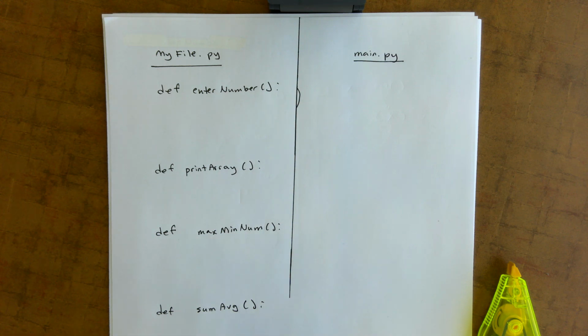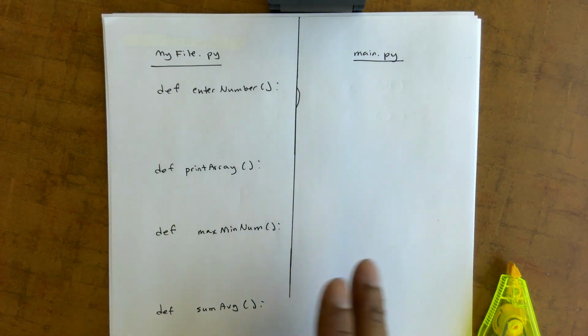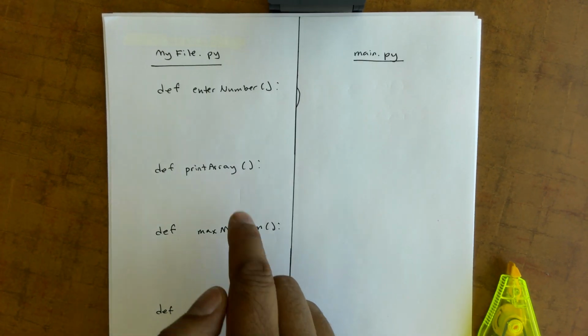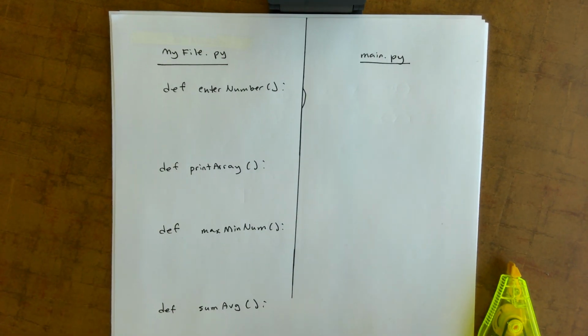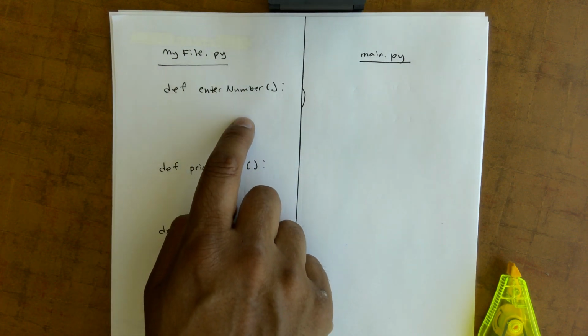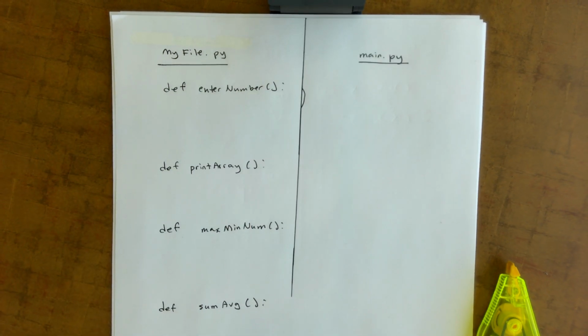So in your project 3, now you're going to have 4 functions, right? Enter numbers, print array, max min num, and then sum average, okay? Now these 3 will use this because you have to enter a number to print the array, correct?